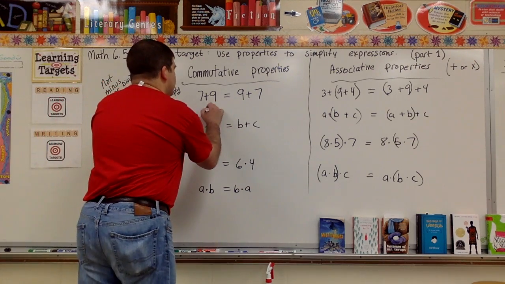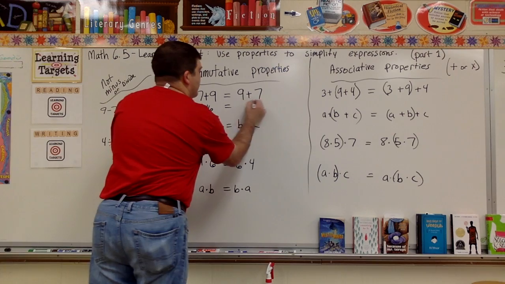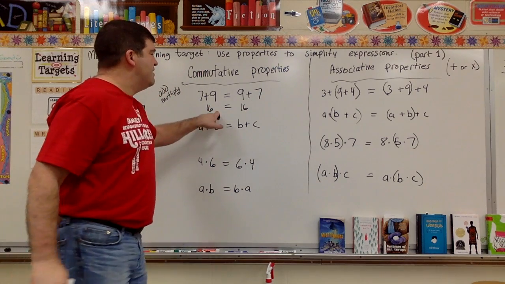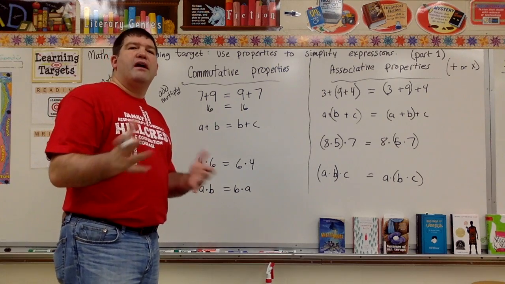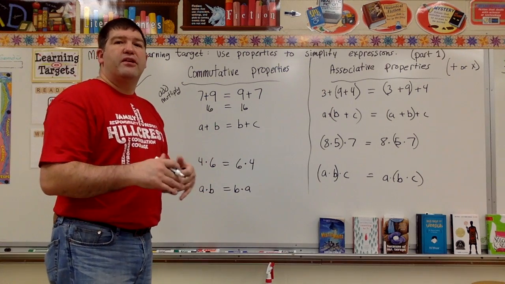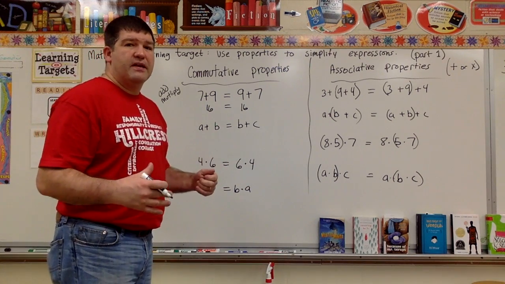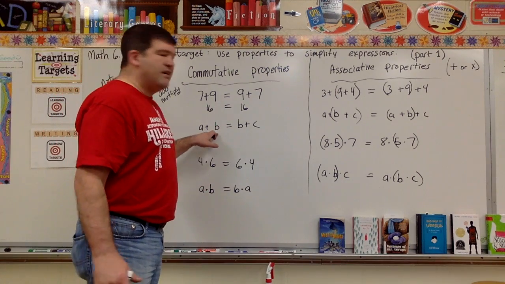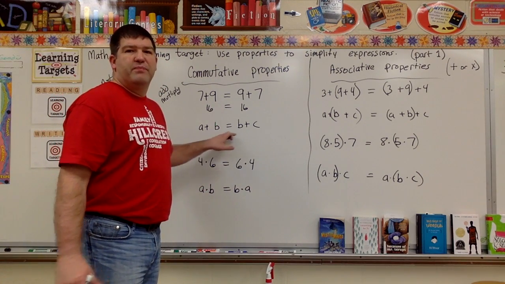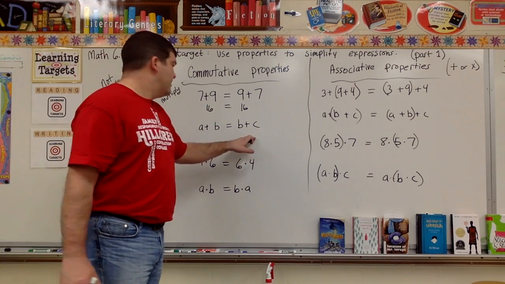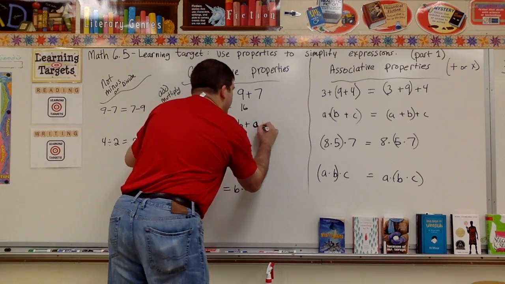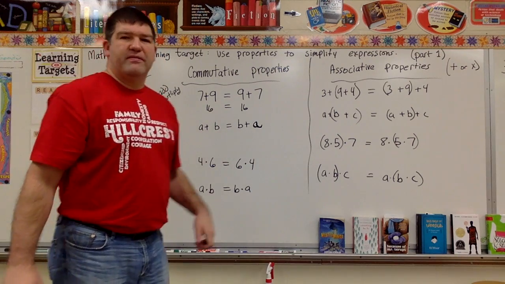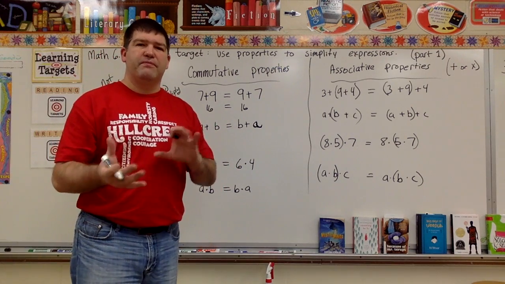Because 7 plus 9 is 16, and 9 plus 7 is also 16. So 16 equals 16. It doesn't matter if you go 9 first or 7 first. They're commutative. And I did it as variables just so you could see a plus b equals b plus a. It doesn't matter when you're adding which one comes first.